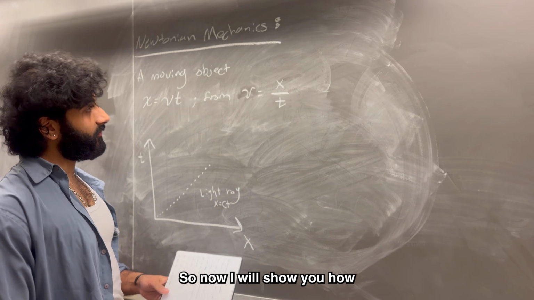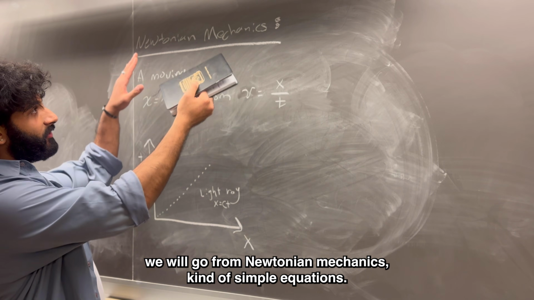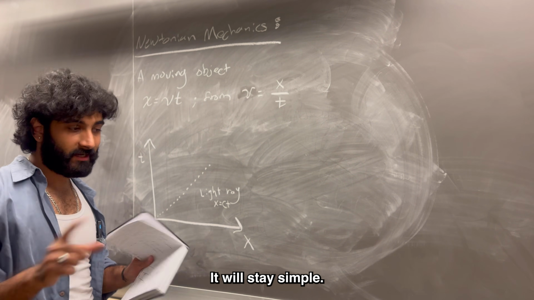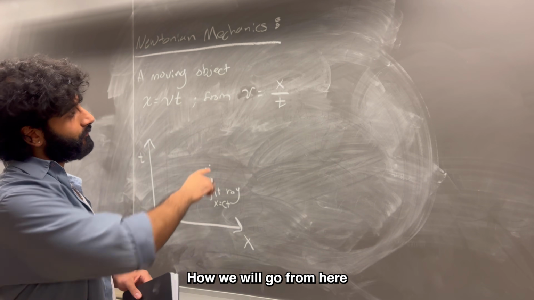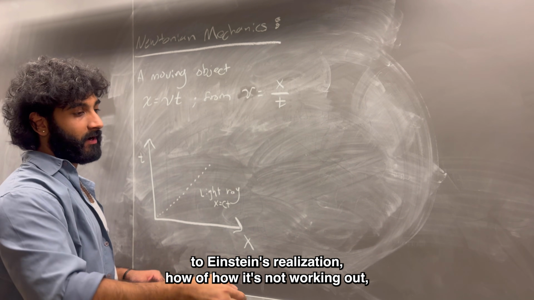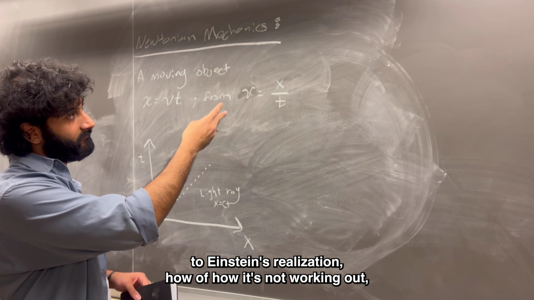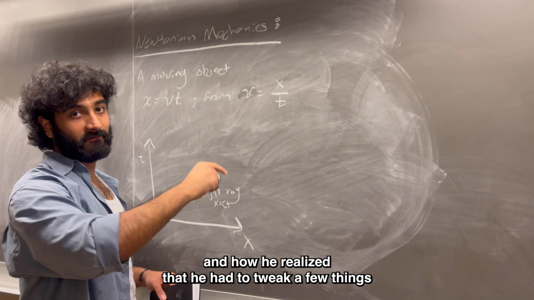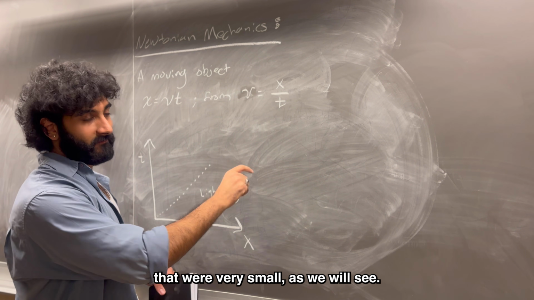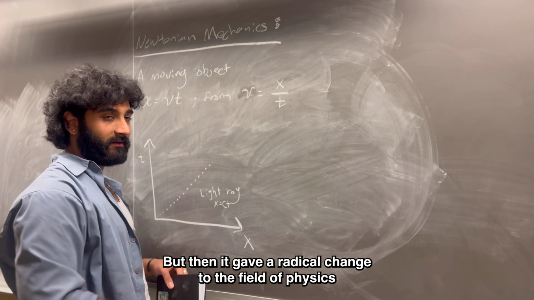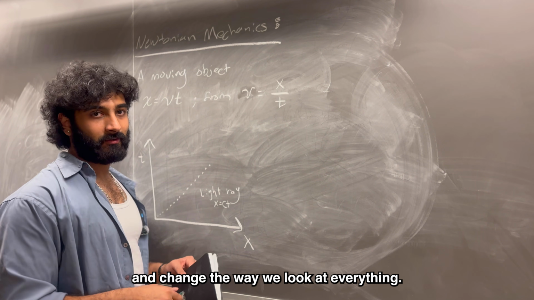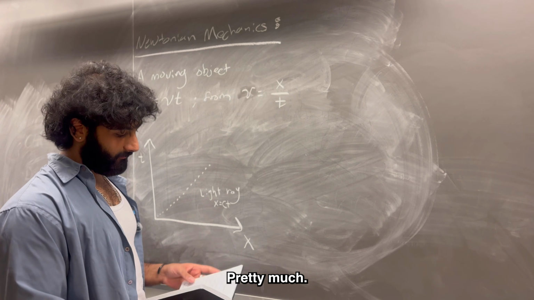So now I will show you how we will go from Newtonian mechanics, kind of simple equations, it will stay simple, and how we will go from here to Einstein's realization of how it's not working out, and how he realized that he had to tweak a few things that were very small, as we will see, but then it gave a radical change to the field of physics and changed the way we look at everything pretty much.